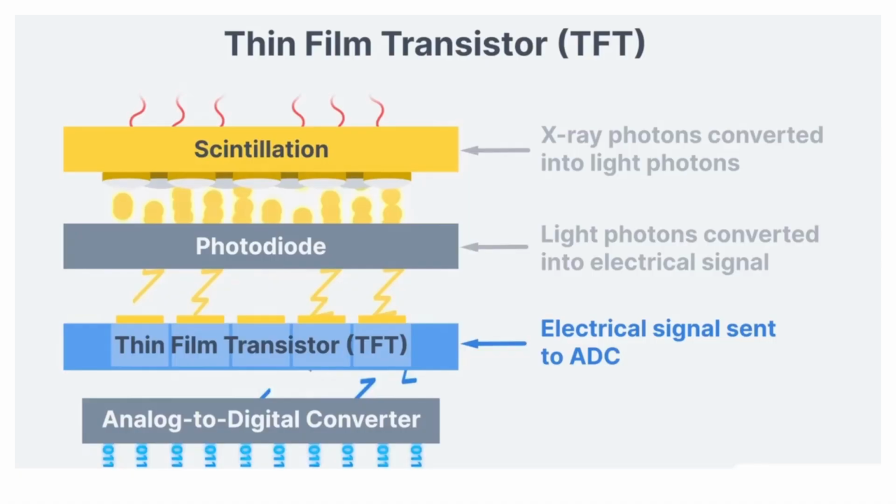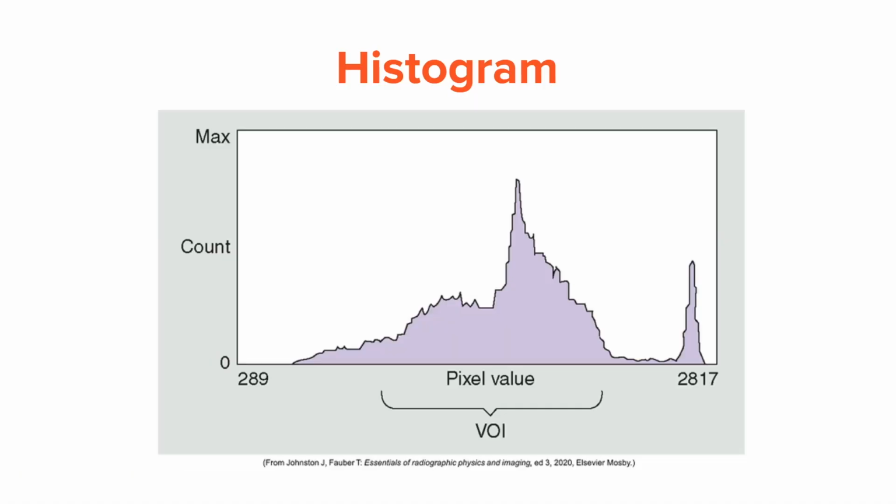Once that happens, it is converted into an electric signal. That electric signal is sent to the thin film transistor and the detector elements. The detector elements pick up the electric signal, and the TFT is able to send it to the analog to digital converter, which again sends it to our imaging display, which is for us typically a computer monitor.